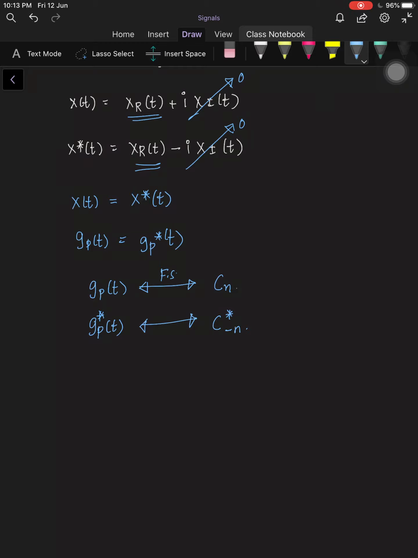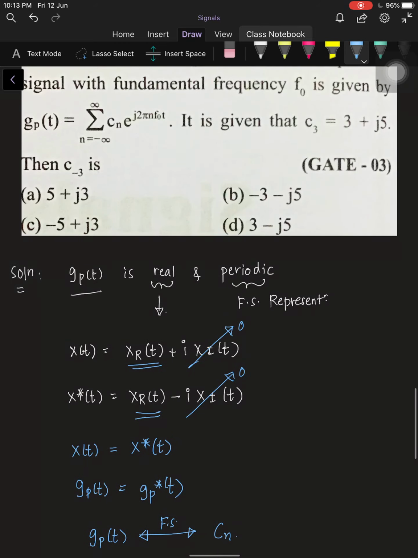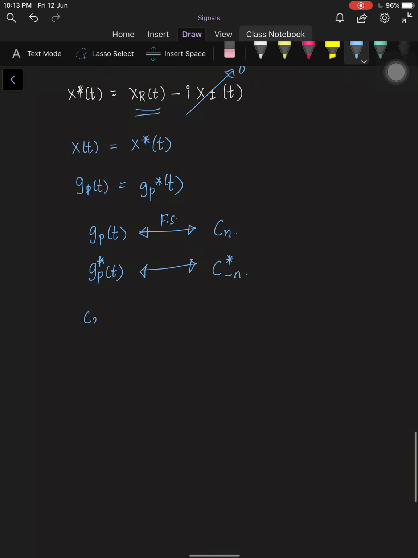Now they have also given that C3 is 3 plus j5, and we already know that gp of t is real, so gp of t is the same as gp star of t in the time domain, which also means that Cn should be equal to C star of minus n.